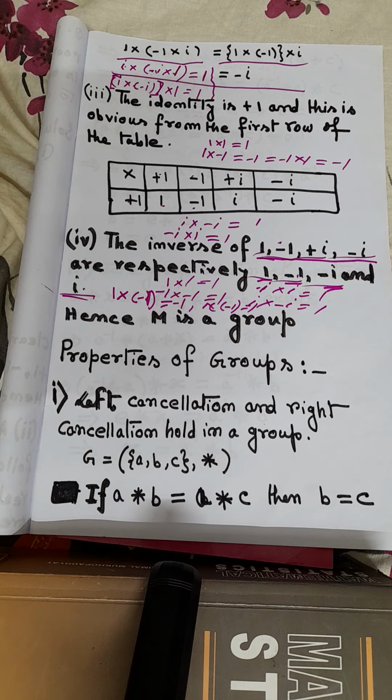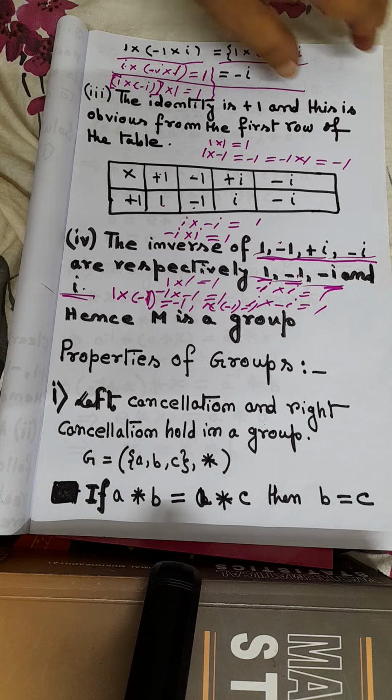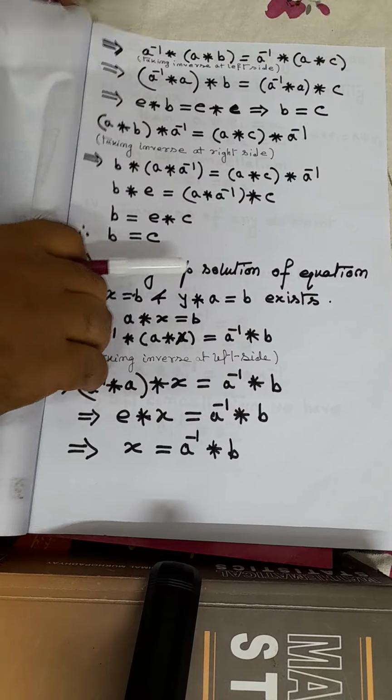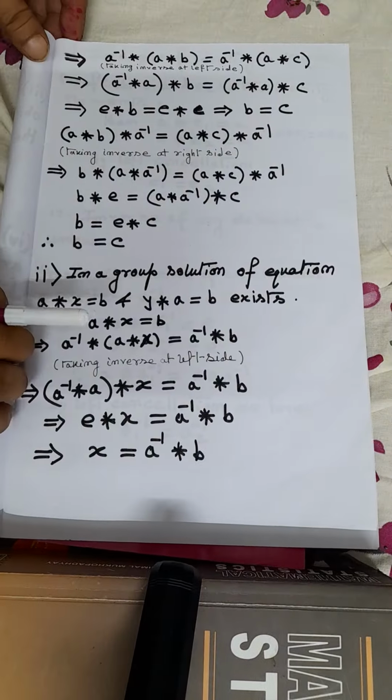Correct? Now, properties of a group: left cancellation and right cancellation hold in a group. Okay, how? Let G be a set with a, b, c as members and star be a binary operation. If a star b equals a star c, then b equals c. We have to prove that. How can we prove that? To prove that, you can write like this.